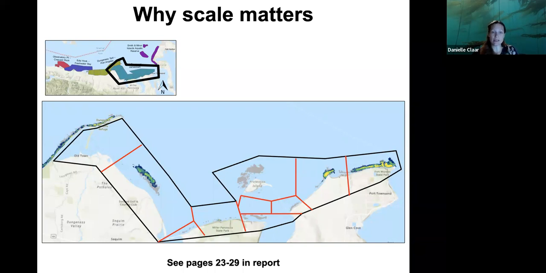Here you can see in this figure, the gray areas are where we have observed kelp within the last 33 years, and the colored areas are where kelp has been observed within the last 5 years. So these gray areas represent places where kelp has been recently, but not very recently, so not in the last 5 years.